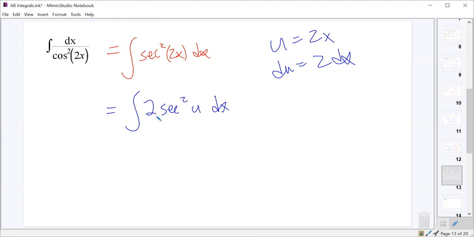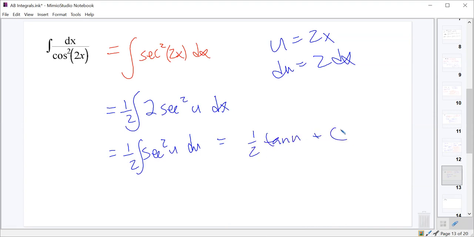We need a 2, which means we need to put a 1/2 out front. So 1/2 the integral of secant squared u du, which ought to be what? What's the integral of secant squared u? Tangent u. Yep. So this just ought to be 1/2 tangent u plus our constant, or 1/2 tangent 2x plus our constant.